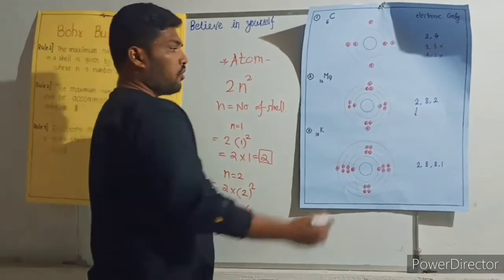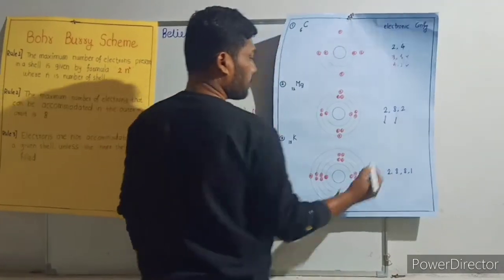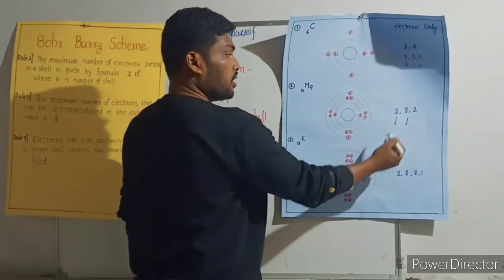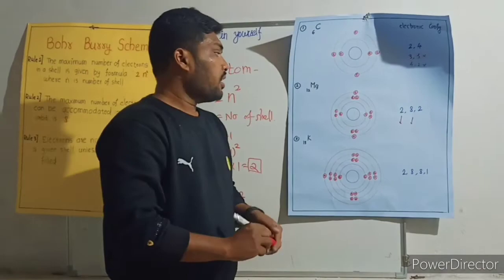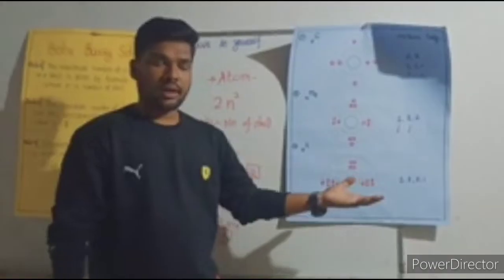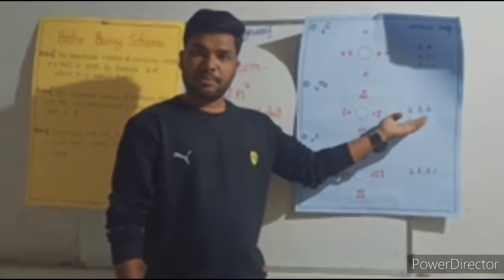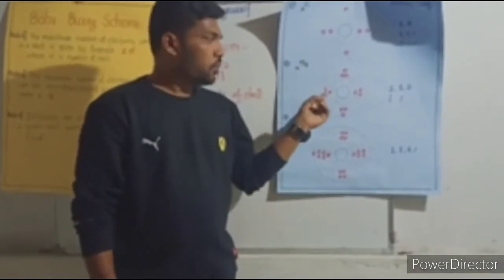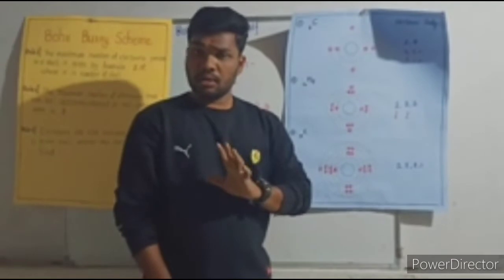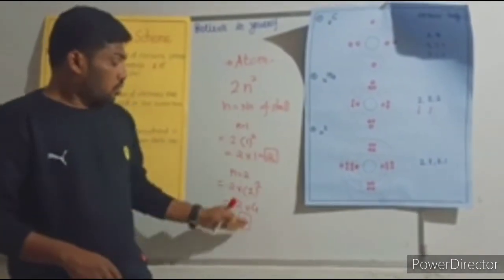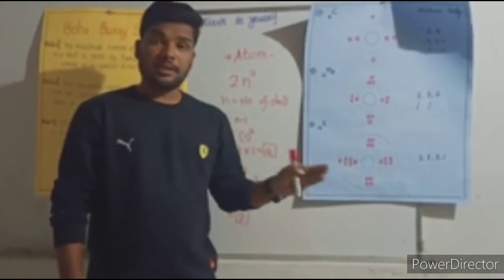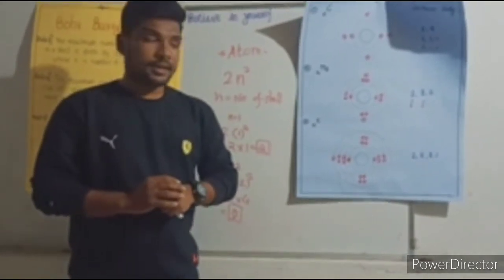Then 8 in the second cell, because the second cell contains a maximum of 8 electrons. 2 plus 8 is 10, so in the third cell the remaining 2 will be there. Total electrons are 12. In this way, we can find out the maximum capacity of electrons in every cell.